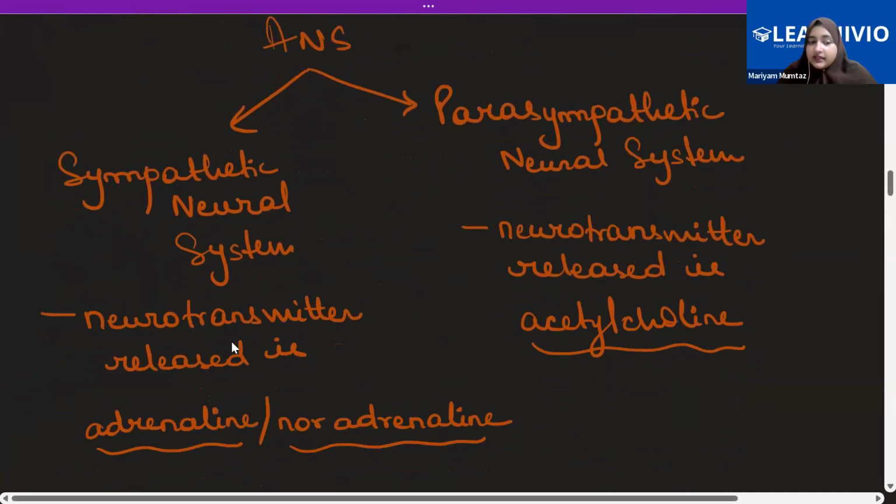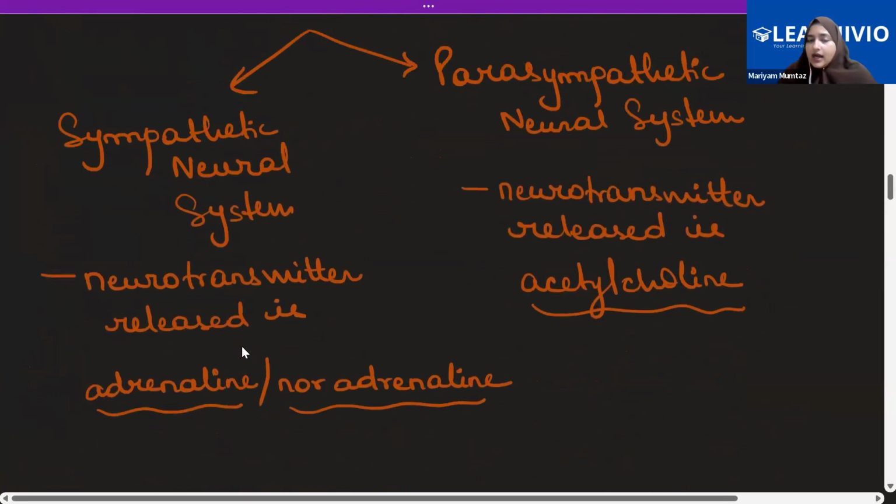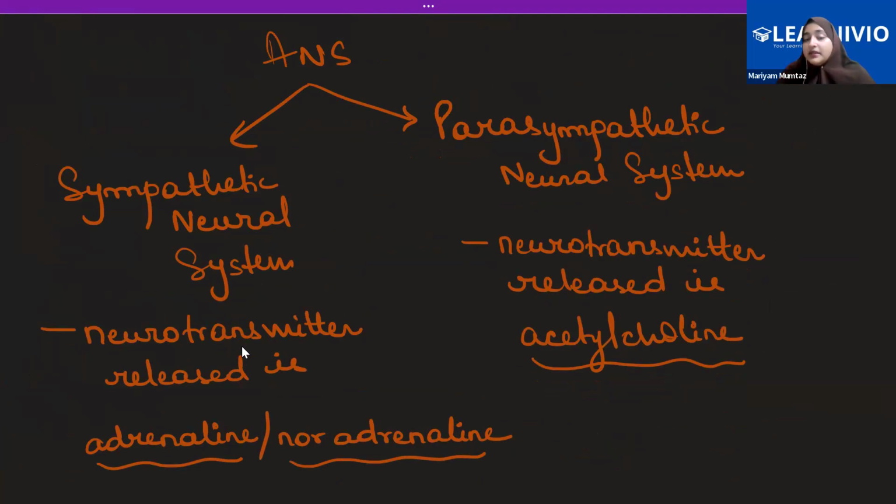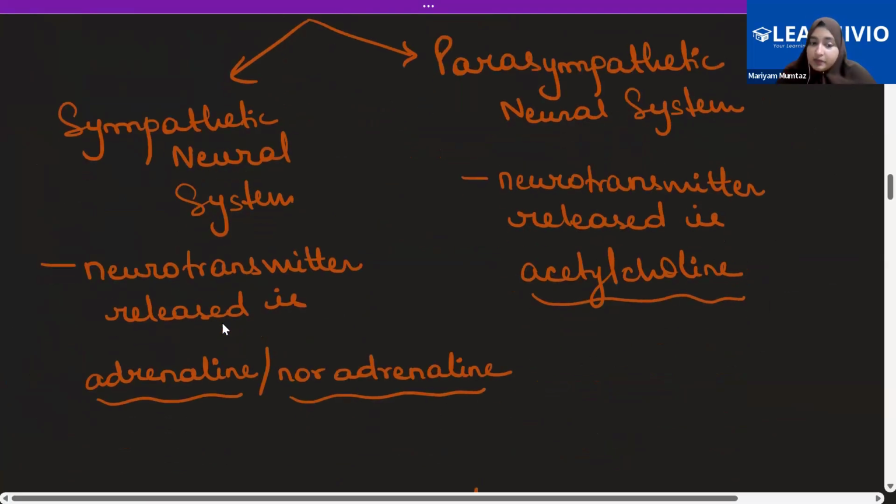Now, both of them are working in accordance with the type of neurotransmitter that will be released, meaning the type of chemical that will actually activate them. So, for example, in the case of sympathetic, the neurotransmitter is adrenaline and noradrenaline.